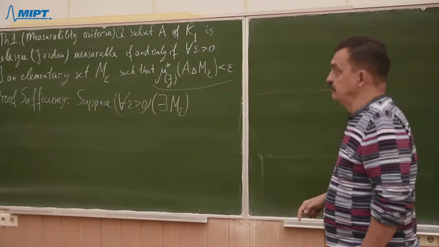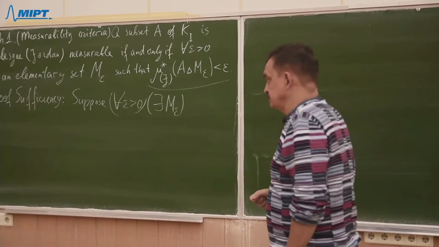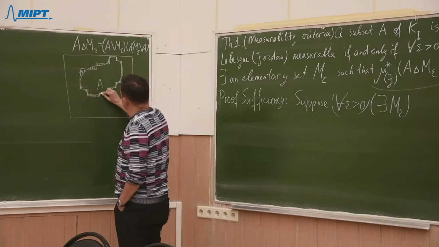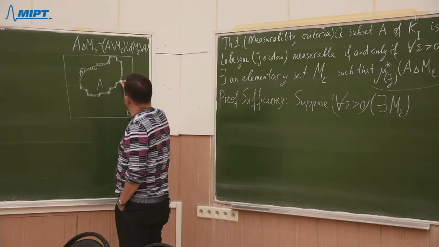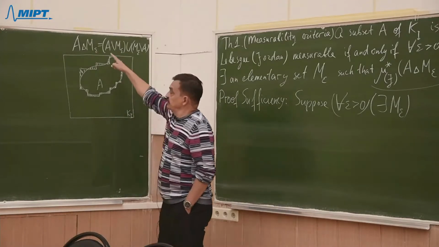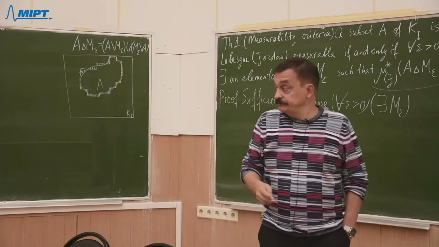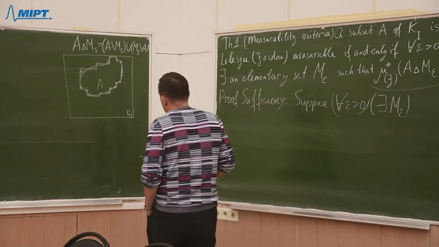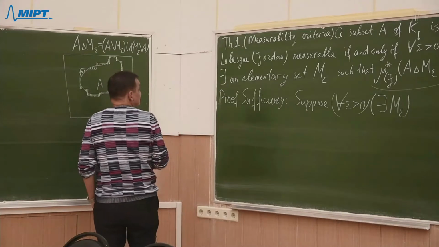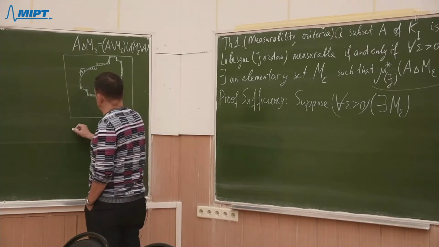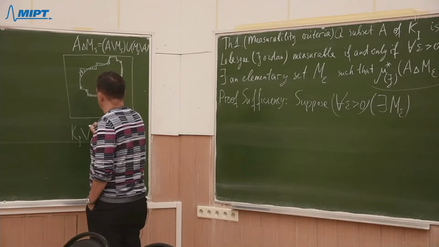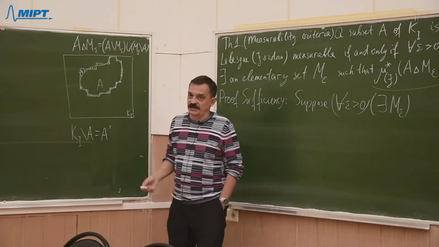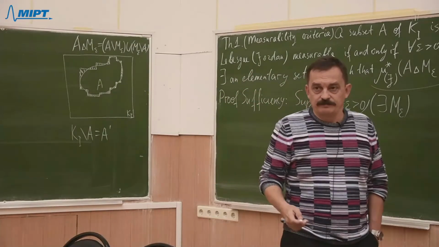So what is colored is precisely this symmetric difference. Let me recall what measurable means. Measurable means that if we consider the complement, which is denoted by A prime, everything outside of A is A prime.